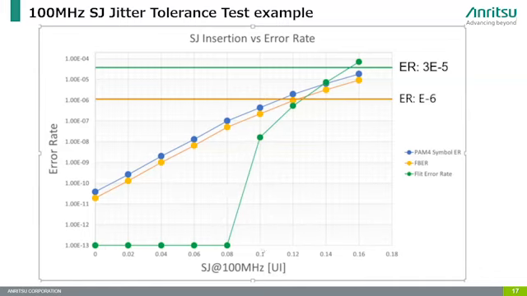But when you inject 0.1 UI, 100 milli UI, SJ, you start seeing some flit errors. So that is uncorrectable error. But still, that is still E-6, so still okay.